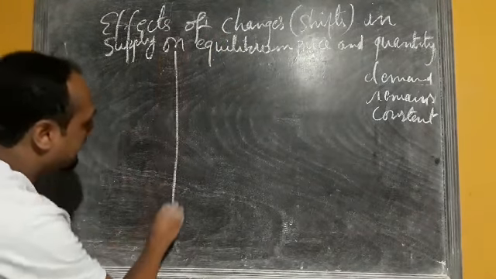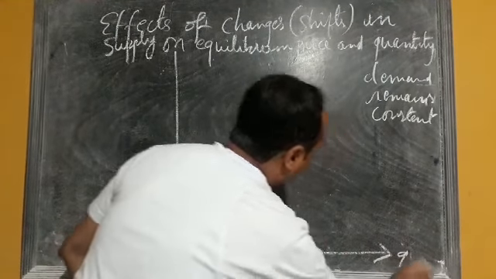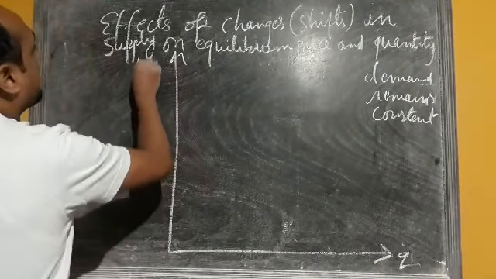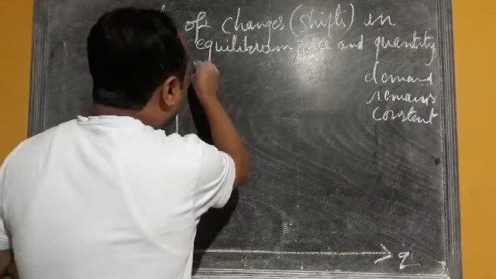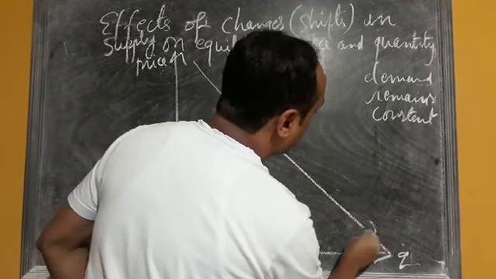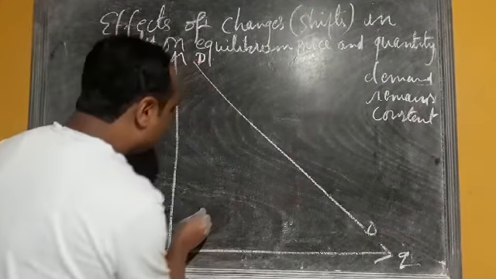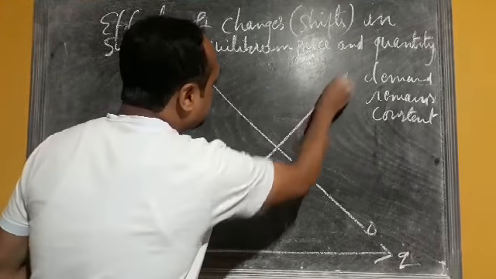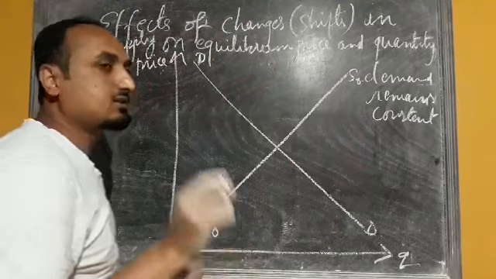Now we will start with the initial equilibrium price and equilibrium quantity. So this is our quantity axis, this one is our price axis, this is origin. We know that our demand curve is downward sloping. Suppose say D is the demand curve, and S0 is the initial supply curve.